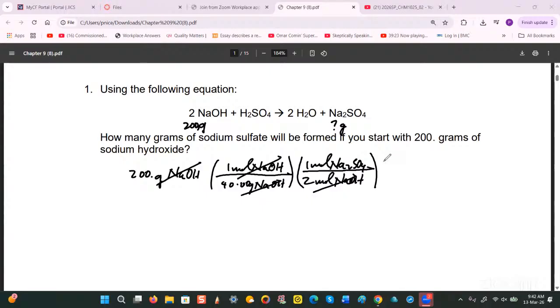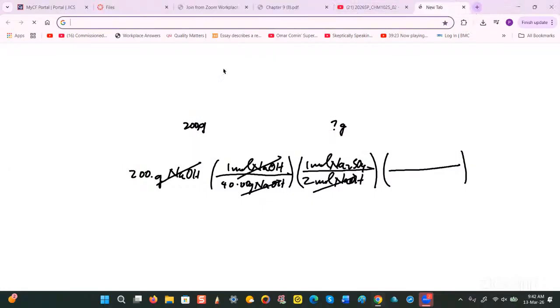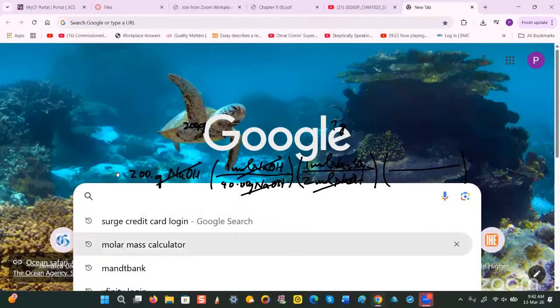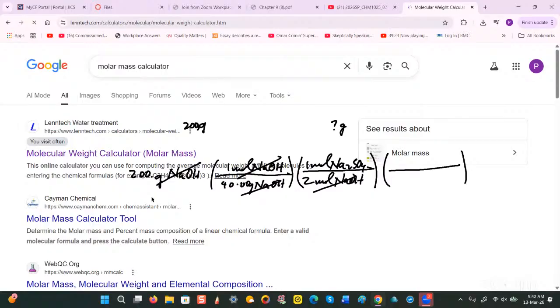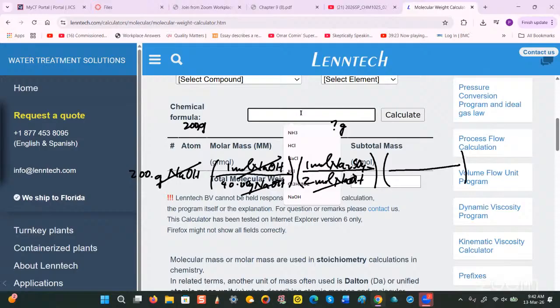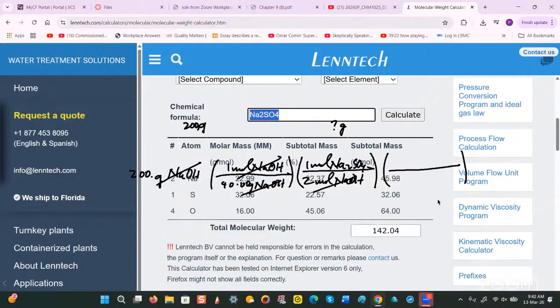All right? And then the final step is where we convert from moles of sodium sulfate to mass. Now, I don't know what the molar mass is, so I'm going to use the molar mass calculator to figure that out. So for sodium sulfate, the molar mass is 142.04.